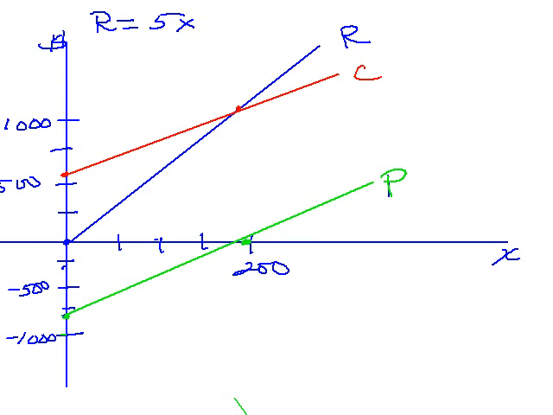Okay, profit is 0 at break-even. Revenue and cost are equal at break-even. In this case, the break-even was 200. And at that point, the revenue and costs were both equal to 1,000. Okay. In this region, prior to break-even, you're operating at a loss. Once you cross the break-even point, you're operating at a gain.